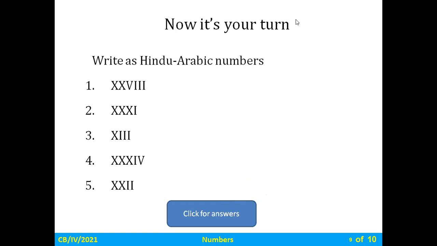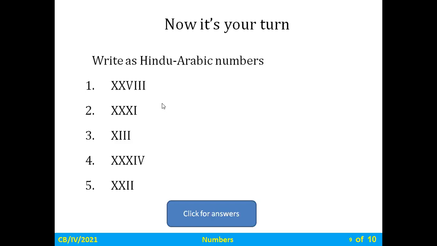Okay, now let's learn how to write from the Roman numerals the Hindu-Arabic numbers, the normal numbers, right? Okay, so this you can see it is XXVIII. So let's join, or you can say we will add these numbers, because you can see that each of the smaller value is written to the right side, correct?